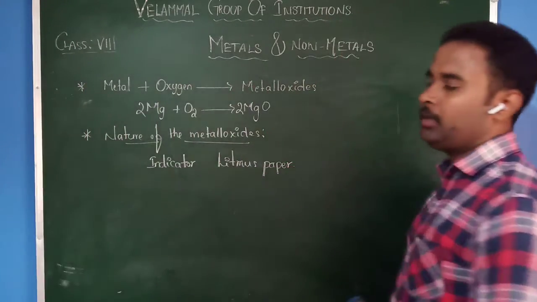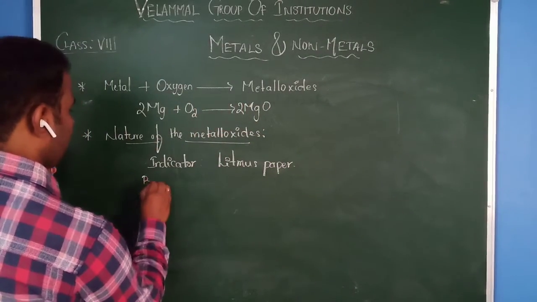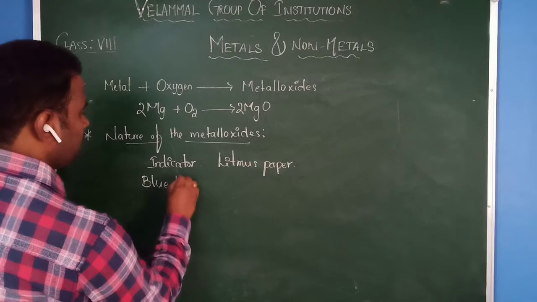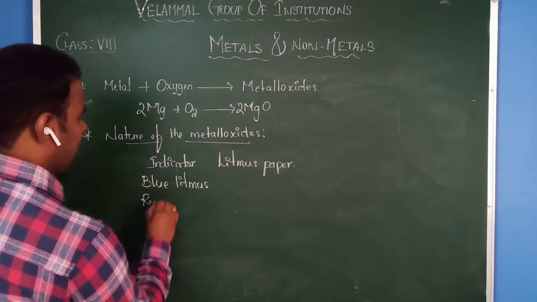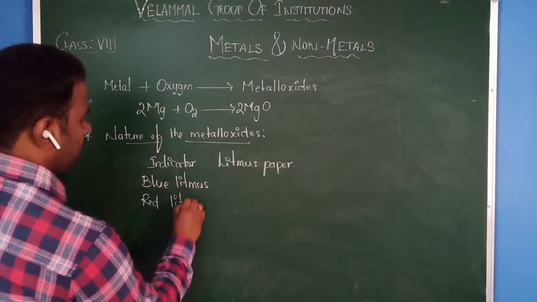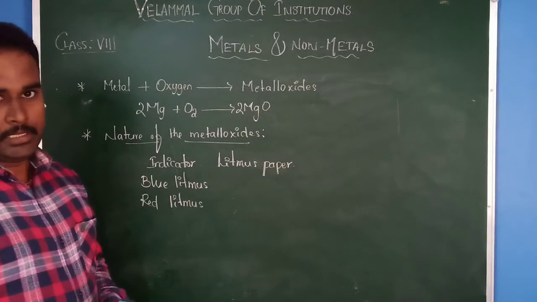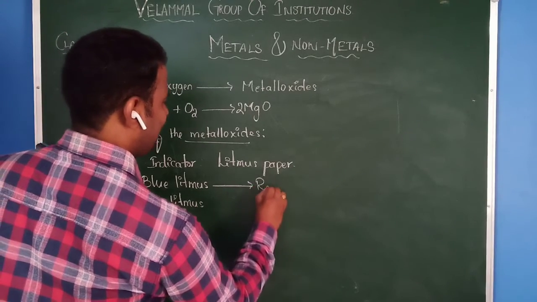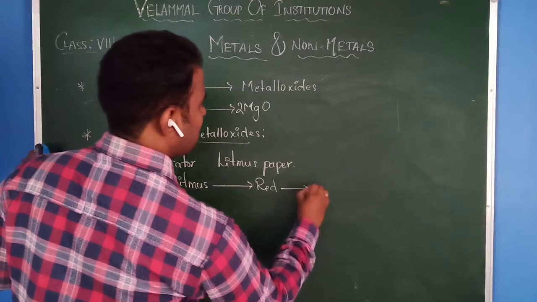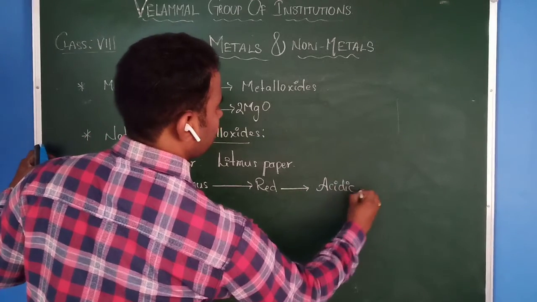This litmus paper is available in two colors. One is blue litmus, another one is red litmus. When you use blue litmus, if it is converted into red, it means the respective compound is acidic in nature.